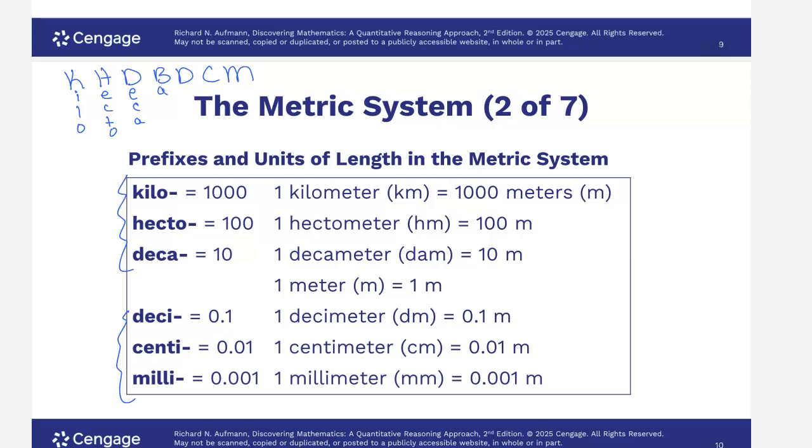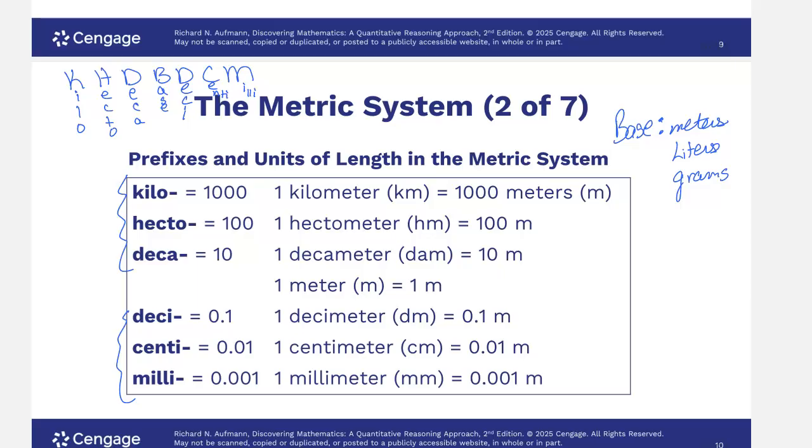This is your base, so your base unit, which could be in meters if we're talking about length, it could be liters if we're talking about capacity, and grams if we're talking about weight. And these are the smaller ones. So deci, centi, and milli.